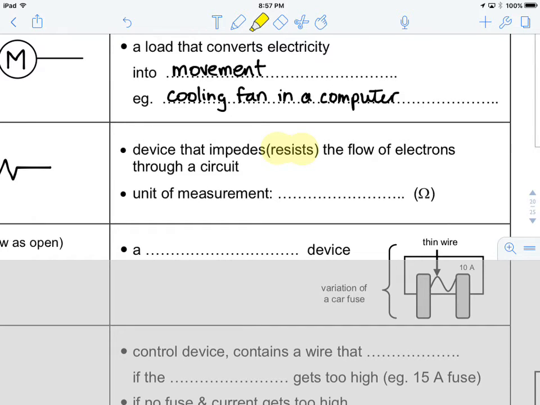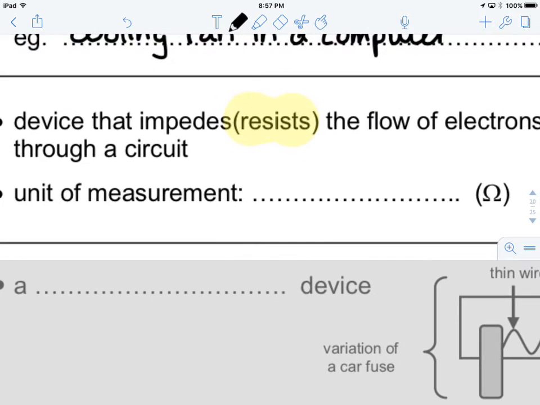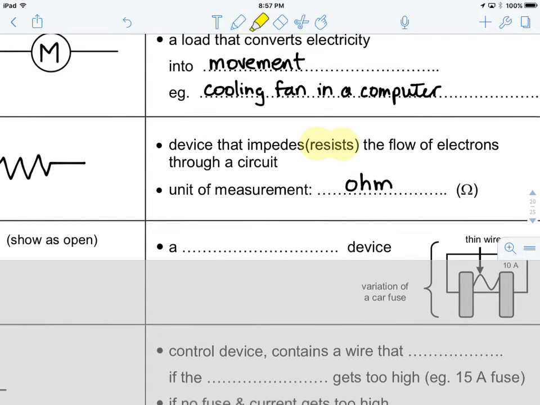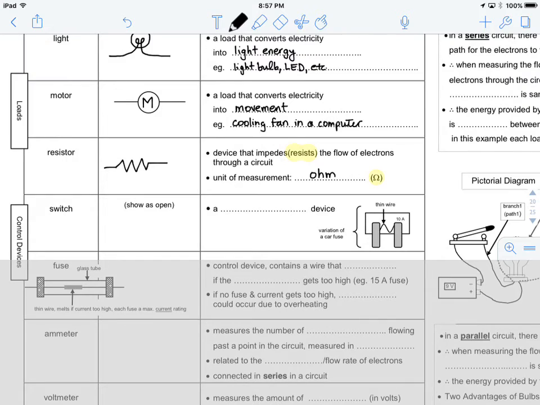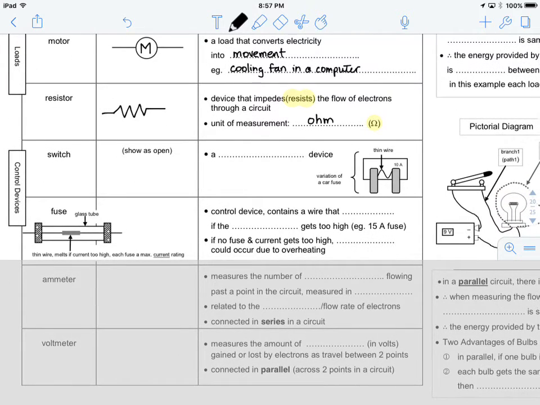We're going to talk a lot more about resistors and resistance in the coming days, but the unit of measurement that we use is something that's called the ohm, okay? And it has a symbol that looks like this, okay? And we're going to talk much more about resistors and when they might be useful in a couple of days.